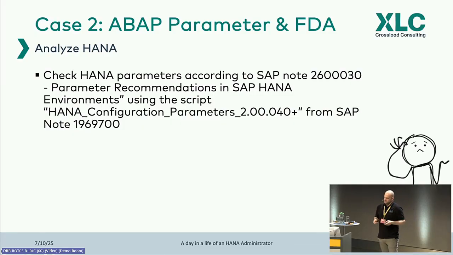You execute the script, you get the list with all the parameters which are not set up according to the note, and then you can change them. You should think about every parameter, but then you can change it.